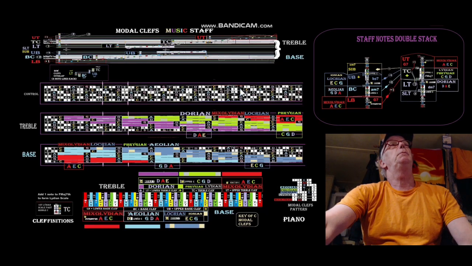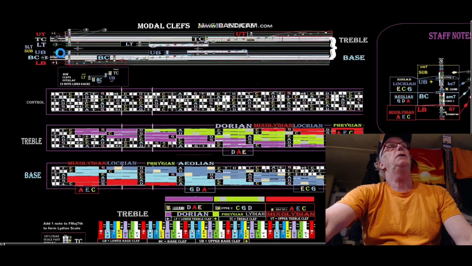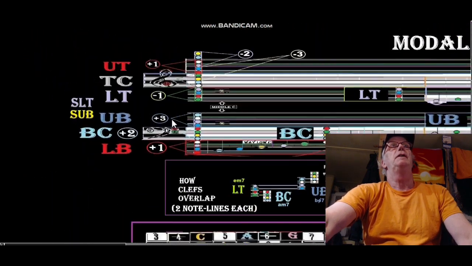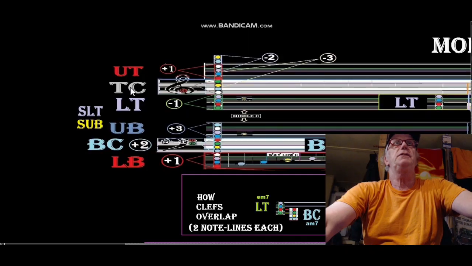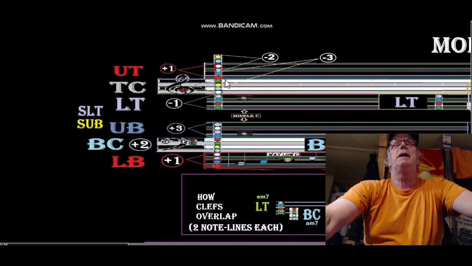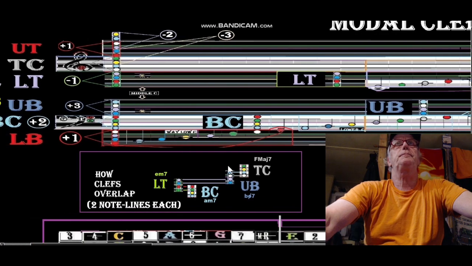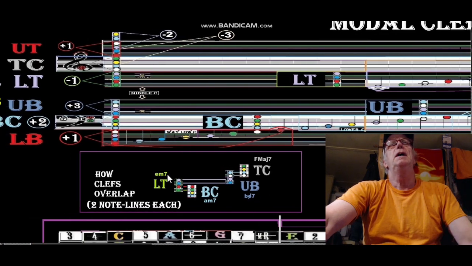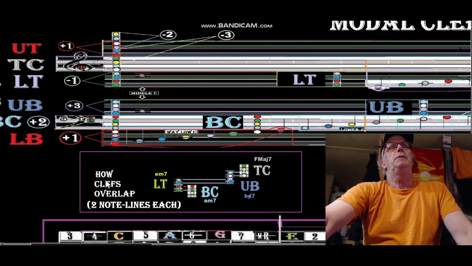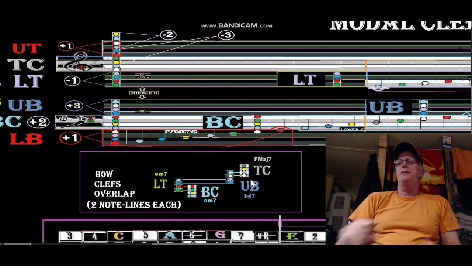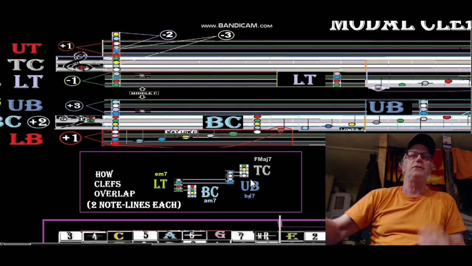Now up above and down below each clef, if we have a TC treble clef, we would have an F major 7th here. I've added this little diagram of how the clefs overlap. That's the confusing part about clefs: they overlap.